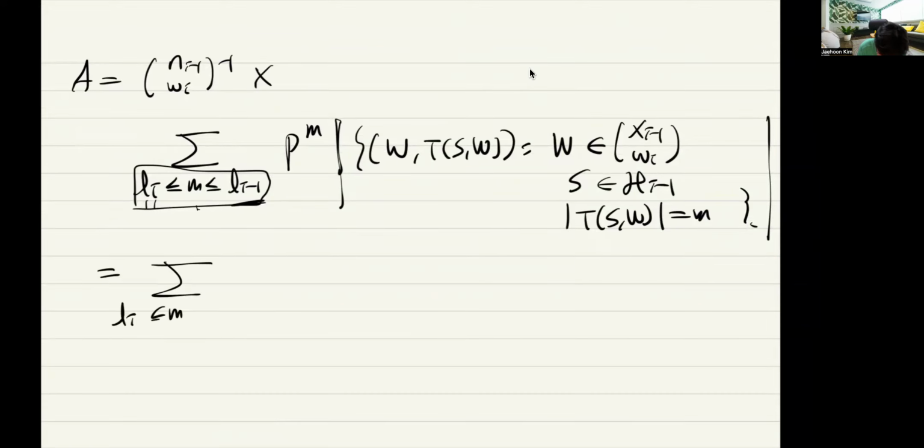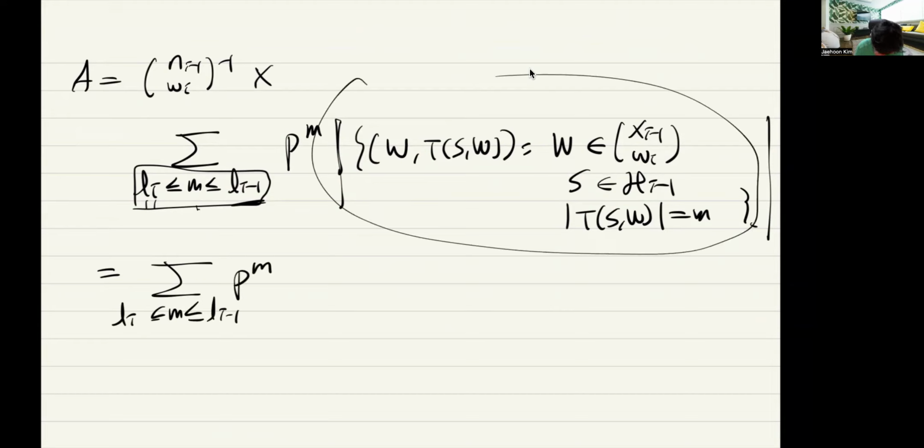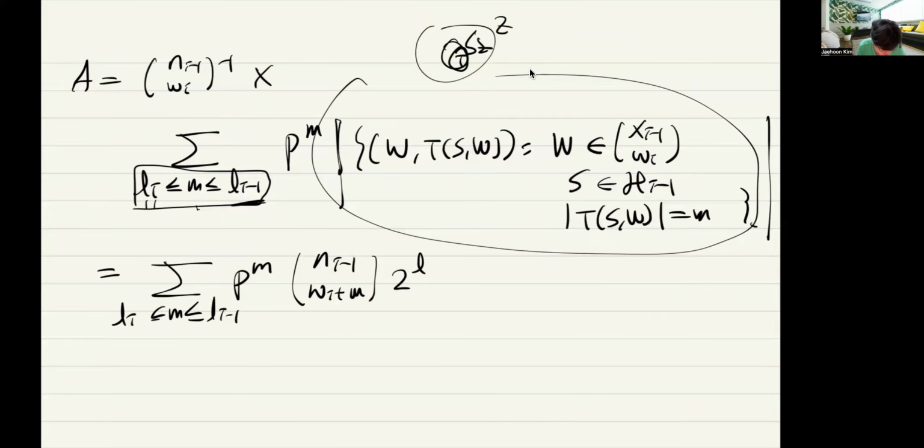So m is between this and this, and then p to the m is still there. And then instead of choosing this, you choose all possible choices of G. And then in G, you have a FG. And then in FG, you take a subset T. And that T is chosen in 2 to the L ways.